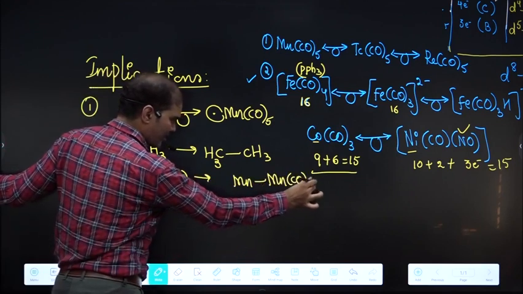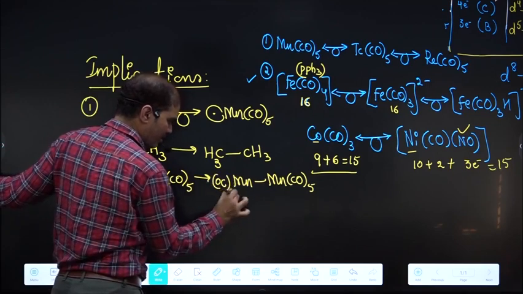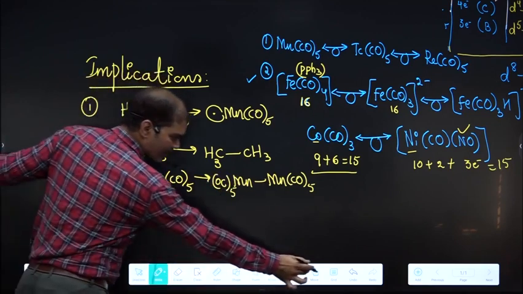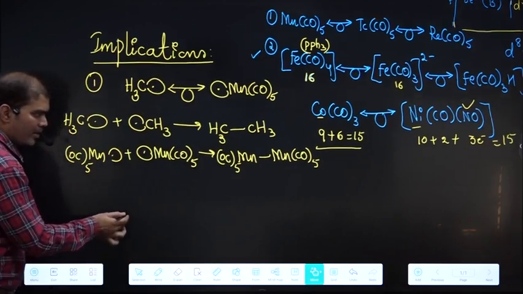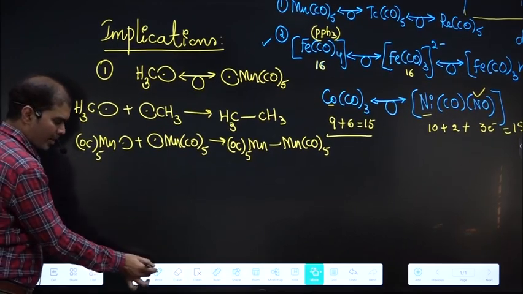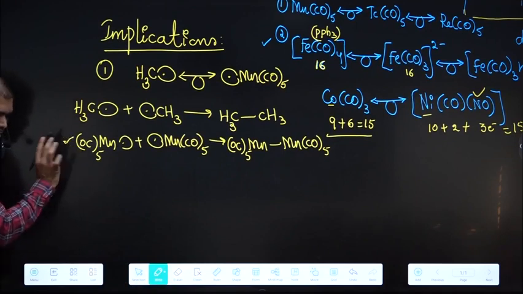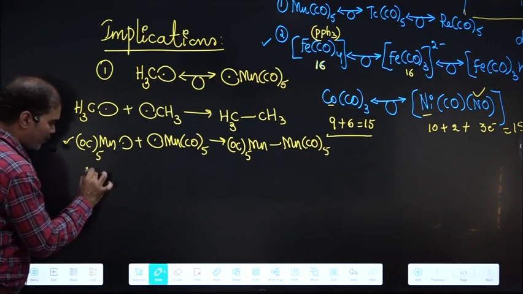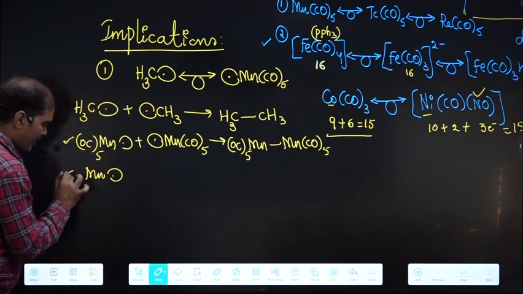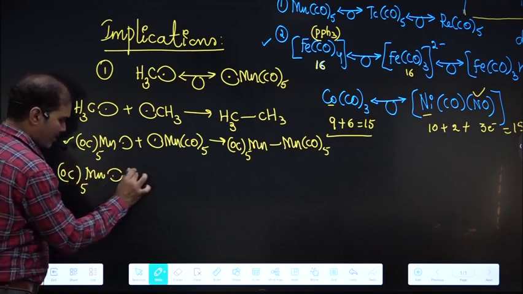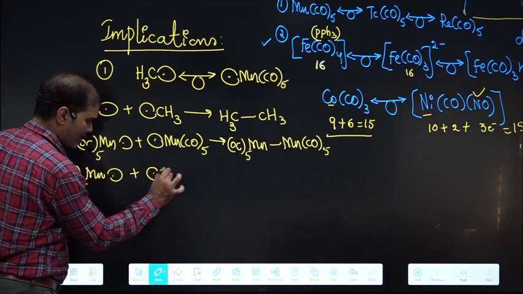So I can tell that this analogy is working. Do you have Mn2CO10 in organometallic chemistry? Yes, we have it. It means the analogy is working. Next, MnCO5 is isolobal with methyl. So can I make a reaction of MnCO5 with methyl?